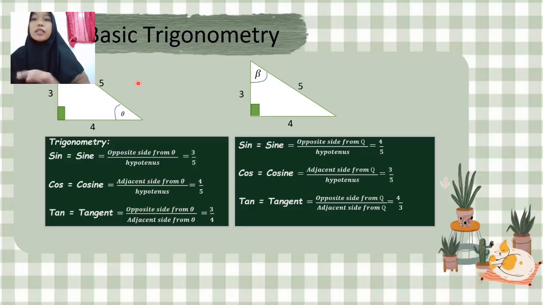Next, basic trigonometry. In this triangle, sin is 3 per 5 and cos is 4 per 5 and tan is 3 per 4. And in this triangle, sin is 4 per 5, cos is 3 per 5, and tan is 4 per 3.